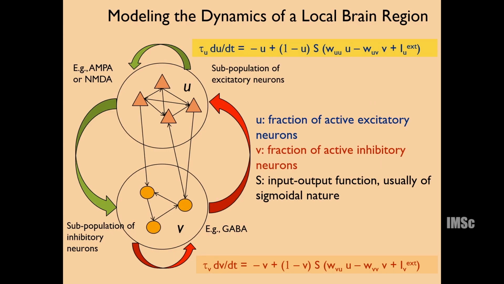This is a very simple idea of how you can do a neural mass model, where you divide one brain region into 2 parts, one consisting entirely of excitatory neurons, another consisting entirely of inhibitory neurons. Let's say all of these use AMPA or NMDA neurotransmitter, and all of these use, let's say, GABA transmitters.